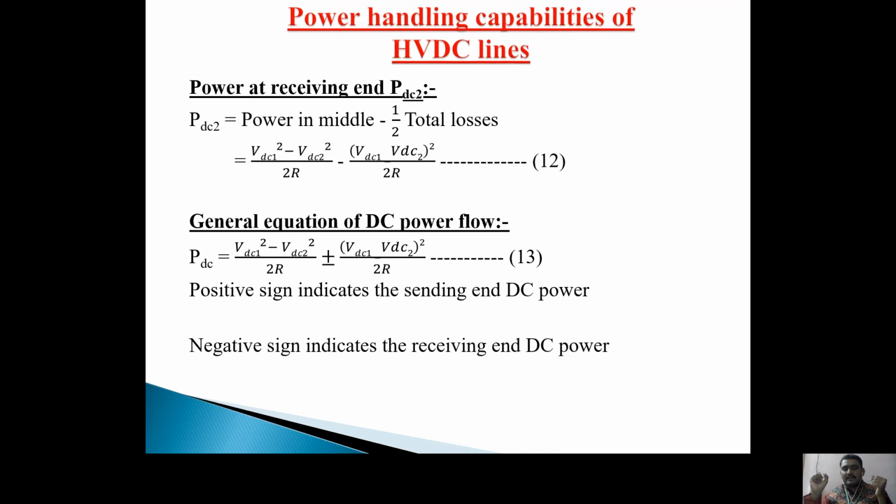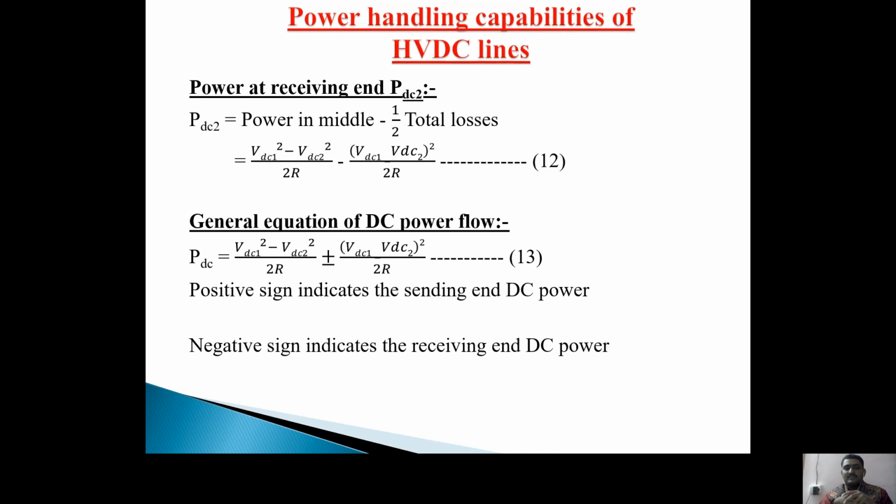And coming to the general equation of DC power flow. So up to now we discussed the power at the receiving end and the power at the middle of the line. And now we are moving to the general equation of DC power flow, that is PDC. That is PDC is equal to (VDC1 square minus VDC2 square) by 2R plus or minus (VDC1 minus VDC2) whole square by 2R. Treat this equation as equation number 13.